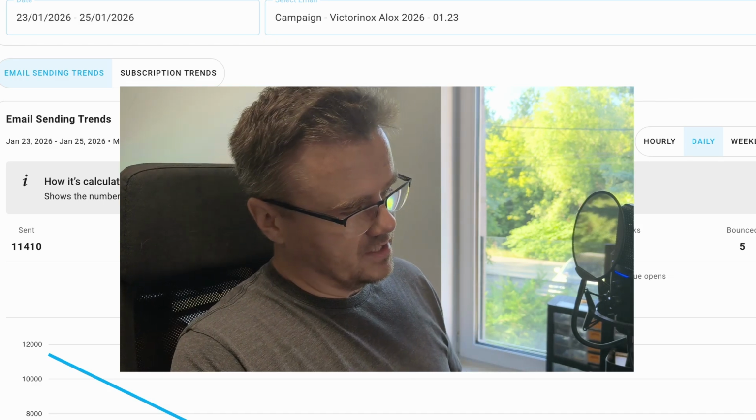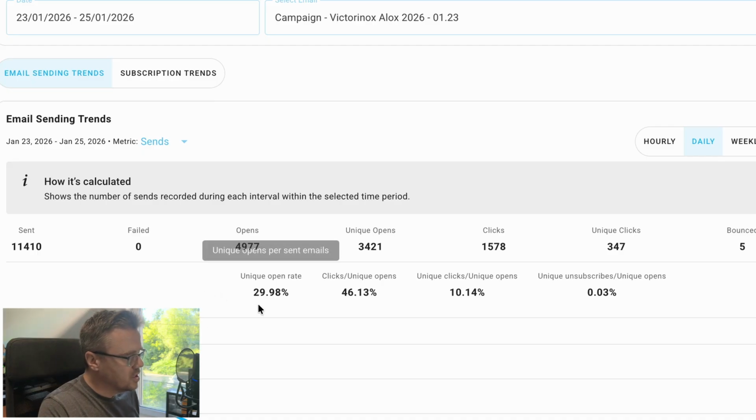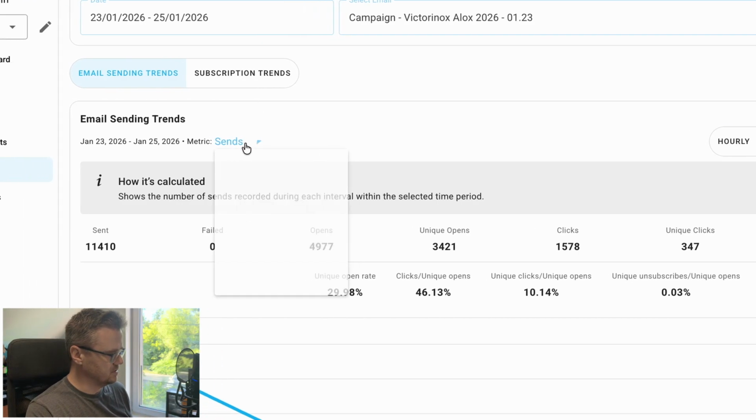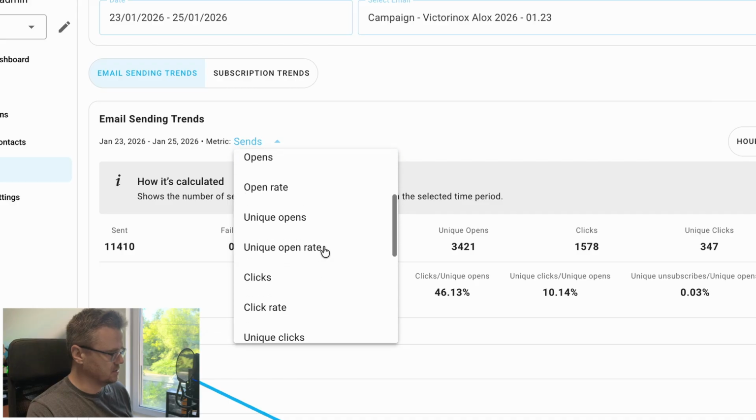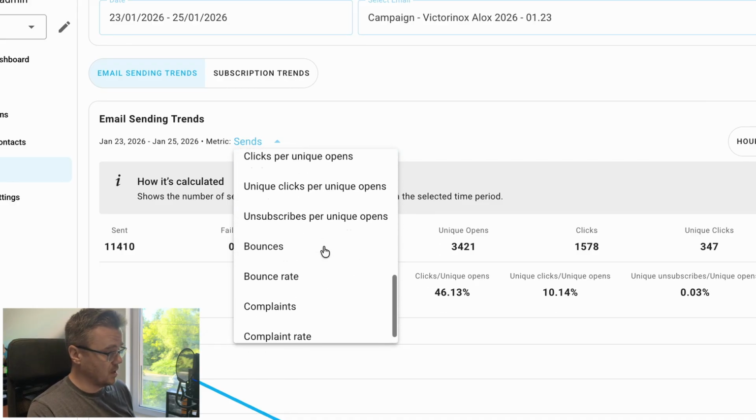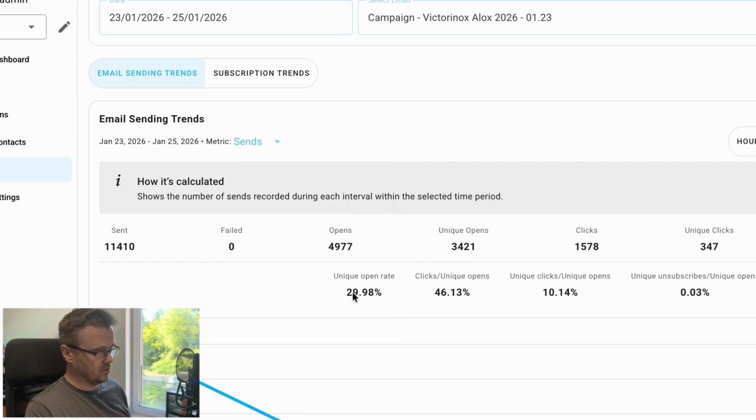Now let's go to the next line. We have unique open rate. We also have rates for most of our numbers. Actually, you can see the detailed metrics here. But first, let's go through these rates.